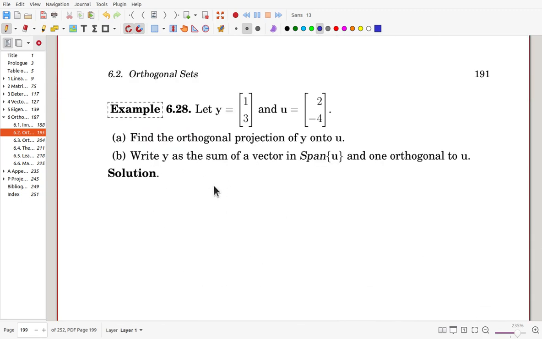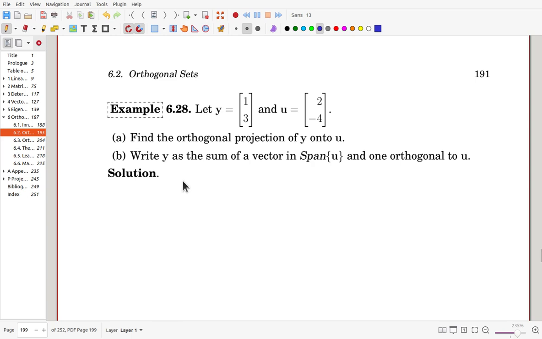Find the orthogonal projection of y onto U and write y as the sum of a vector in span U and one orthogonal to U. So we want to get the decomposition.